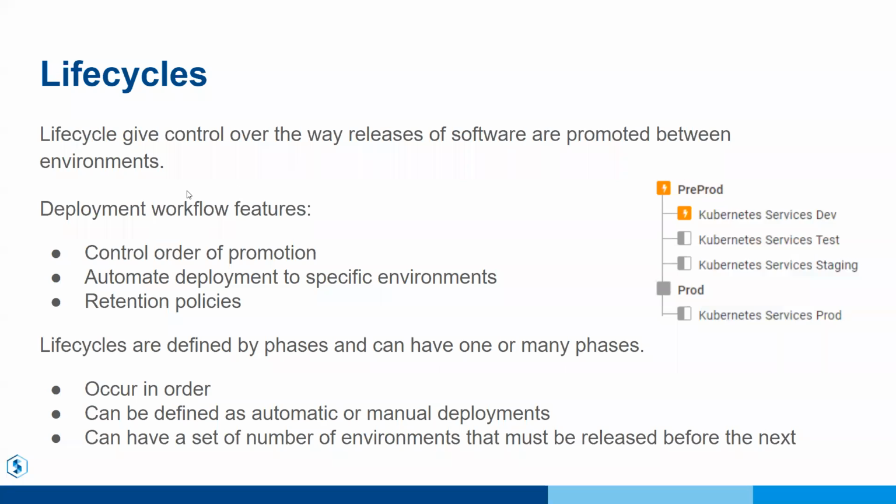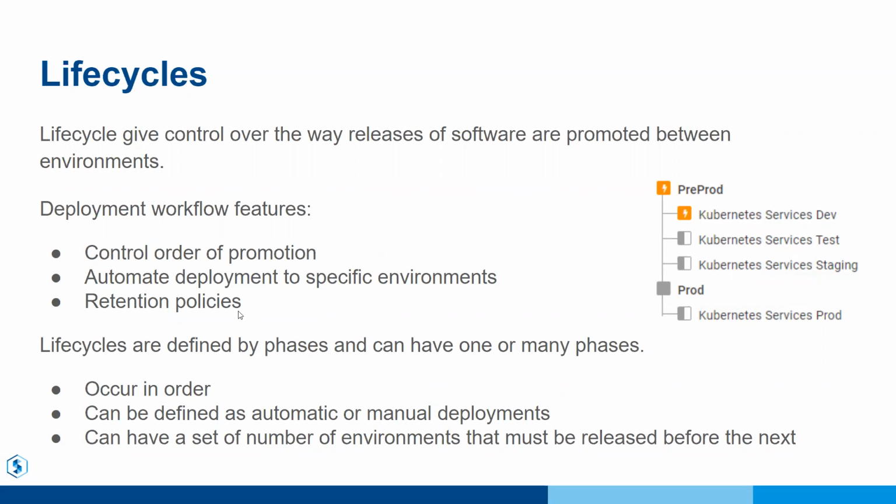All right. So, lifecycles in Octopus. Lifecycles give you control over the way releases of software are promoted between environments. Usually the workflow has different phases, and in our case, each phase is an environment: dev, test, staging, and production.